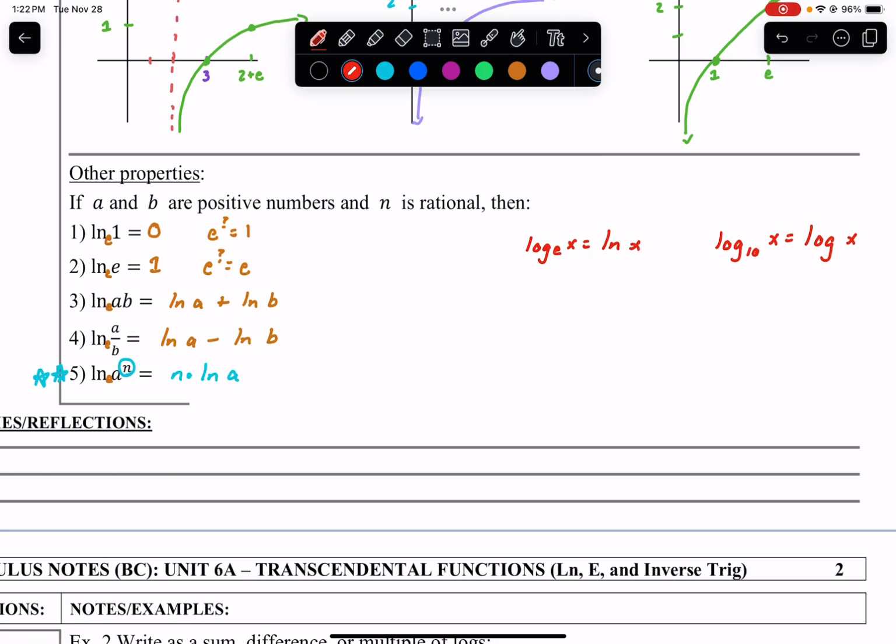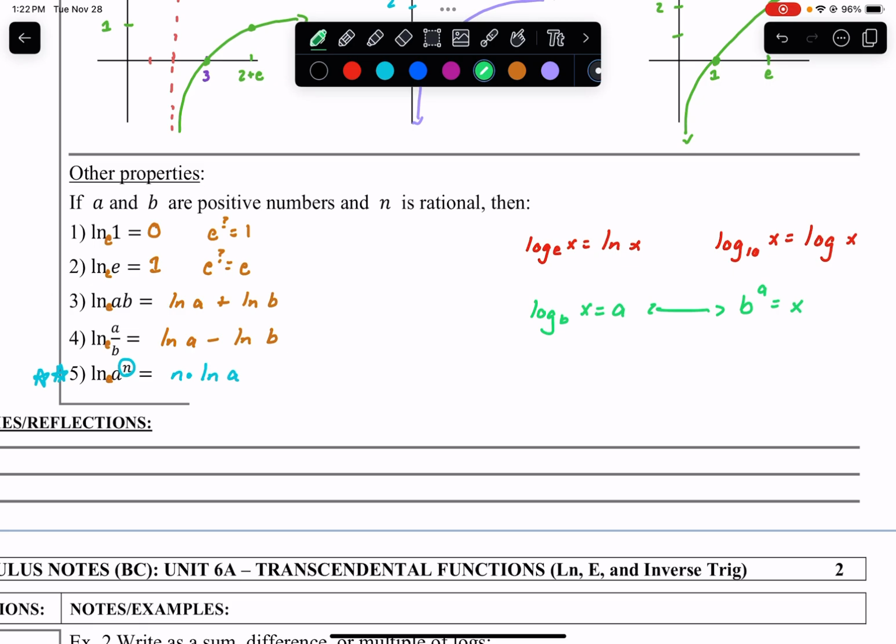That's your common base. Also keep in mind, you can rewrite logarithms as exponentials depending on what you're trying to find. So if you have log base b of x equals a, that is the exact same thing as b, which is the base, raised to some power, which is the exponent, equals x, which is the value.